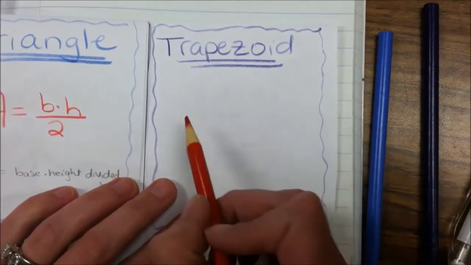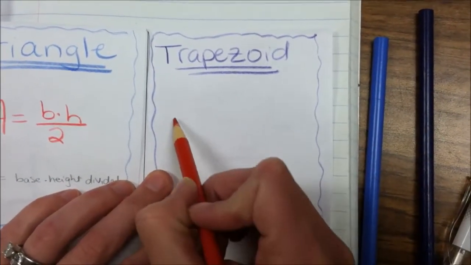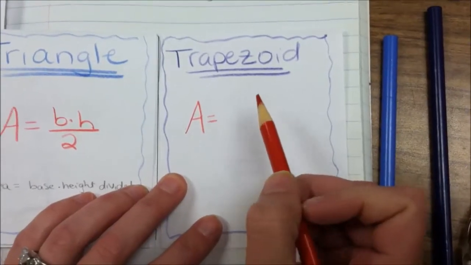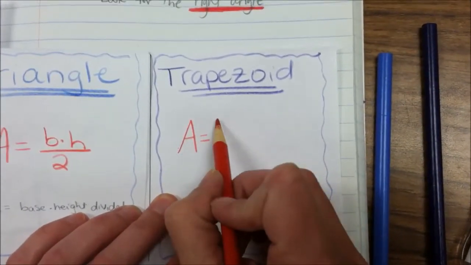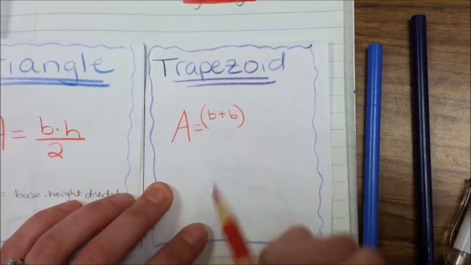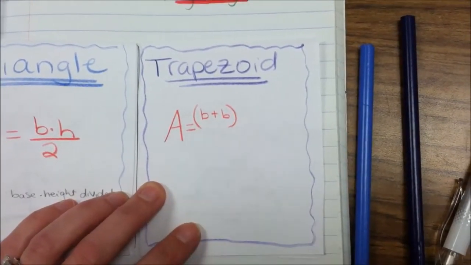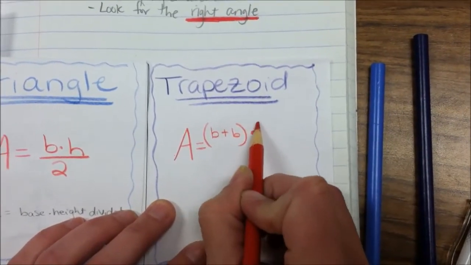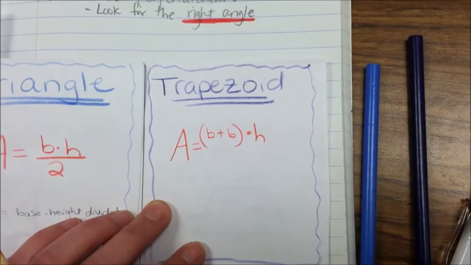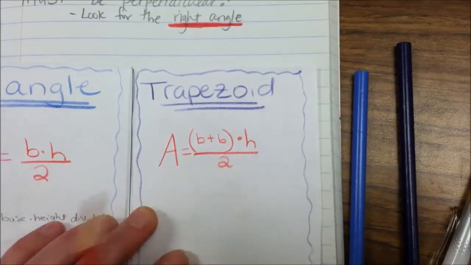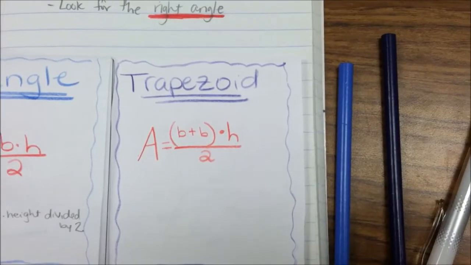This formula starts with a capital A, and then you have to add the bases. So it's base plus base. And that has to be in parentheses. We will talk more about the bases in a moment. Once you add the bases, you have to times it by the height. And then when you're all done, you have to divide that whole thing by 2.